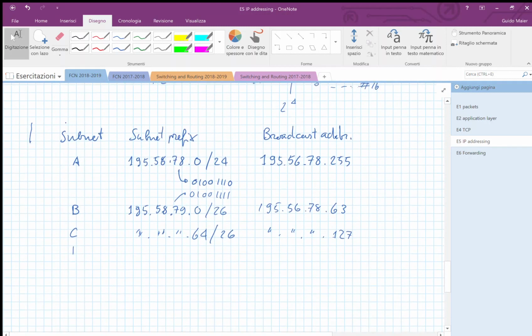D starts with 128. It will finish with 128 plus 64 minus 1, which is 192. Sorry, 191.